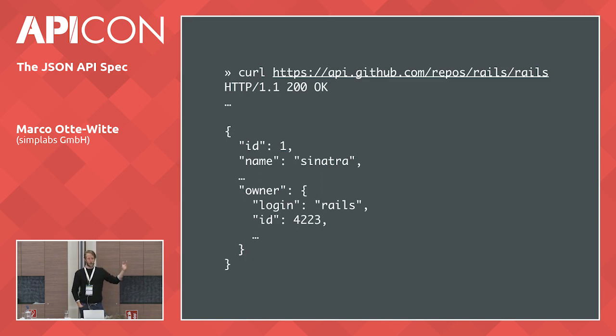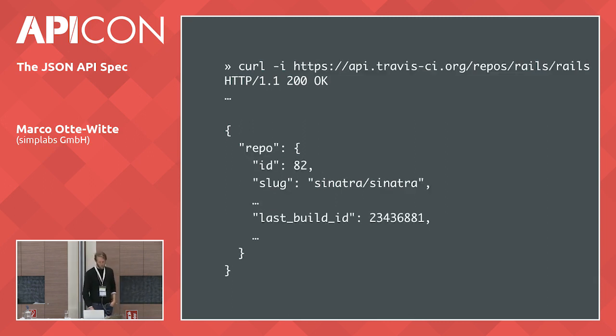Many clients that read the repository would probably need the owner as well, so it's convenient to have it embedded in the resource so you don't have to make a second request. But then if we compare this to Travis, you see that the last build relation here is a reference.